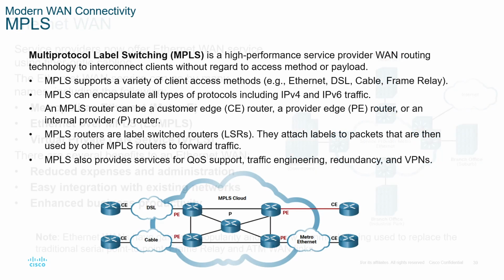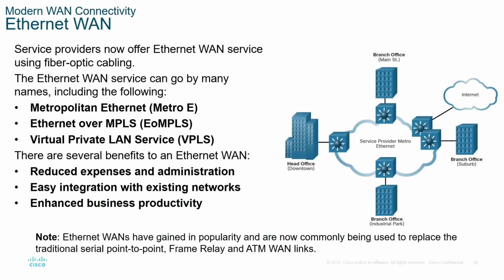So this is what the Metropolitan Ethernet looks like. You actually have an Ethernet link to the central office, to the ISP office, and then you have all these multi-layer switch devices that will actually be switching the frames.